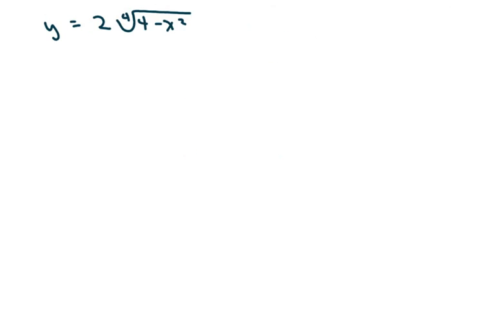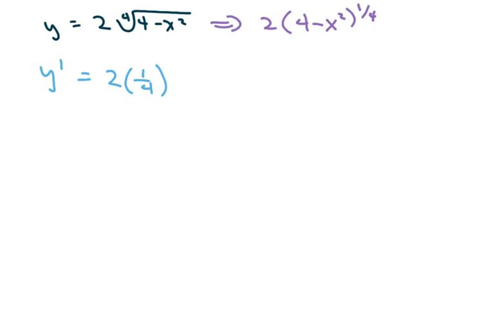Okay, the next one is this one. So I'm going to go ahead and rewrite this as 2 times 4 minus x squared to the 1/4. And then I'm going to take the derivative. So it's going to be 2 times 1/4 times your inner function, then times the derivative of your inner function.